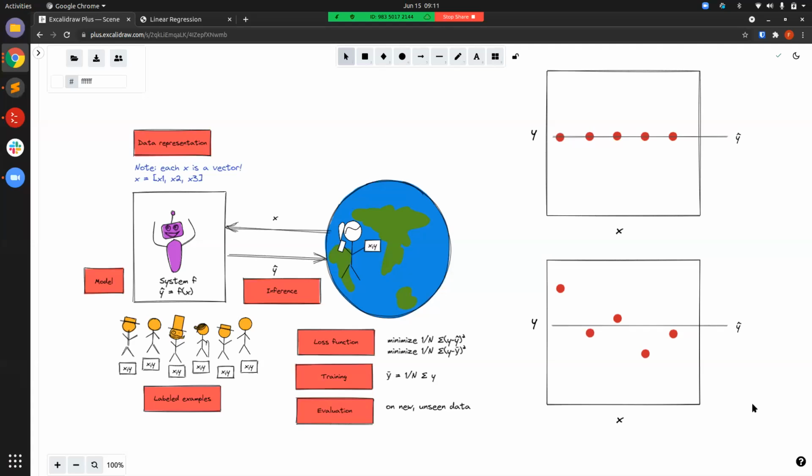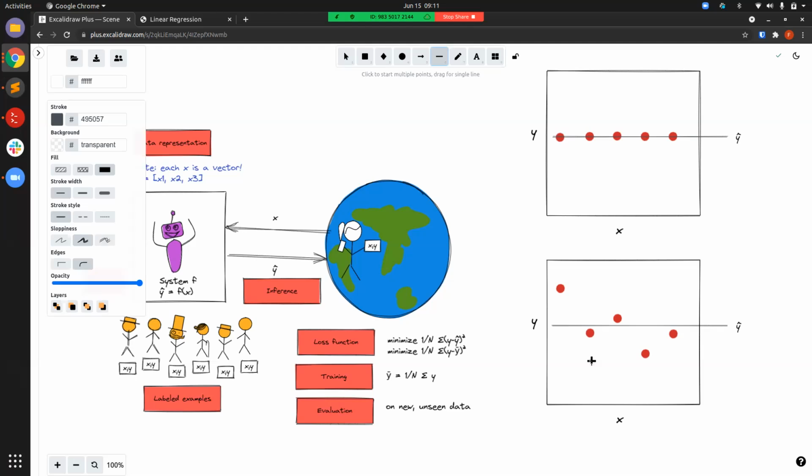Okay, does the model perform well on the second data set? So on the second data set, it performs less well. Let's take a look at, let's say, some of those loss function terms here.